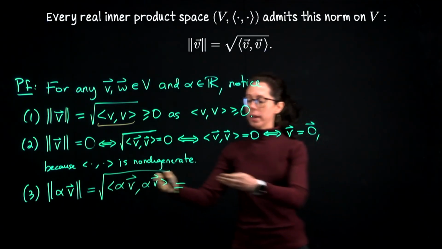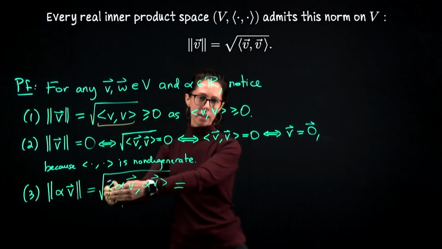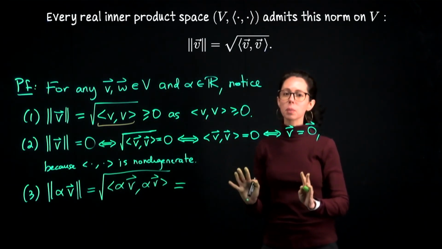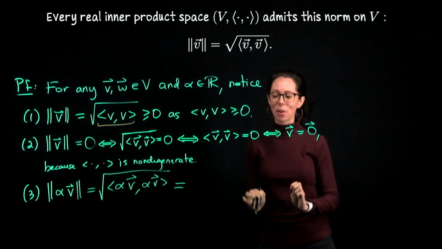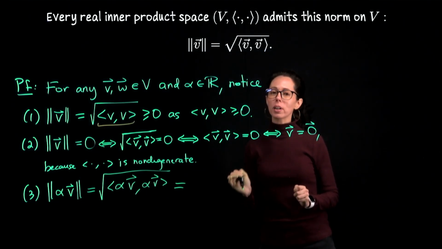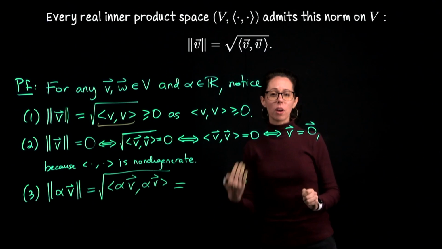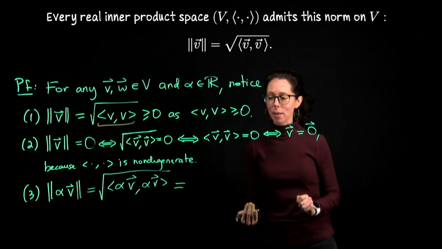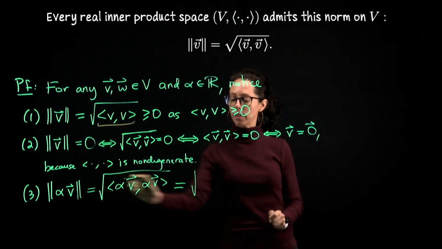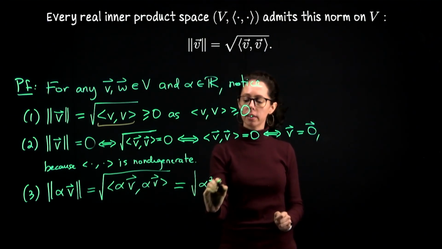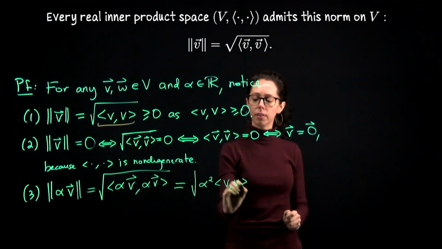Now we can bring these alphas in front of this inner product because of the multiplicativity of the inner product. So with each of these computations, it's important to notice where what we already have from the inner product comes into play. So here I can say that this is the square root of this alpha comes out and this alpha comes out, alpha squared times the inner product of v with itself.